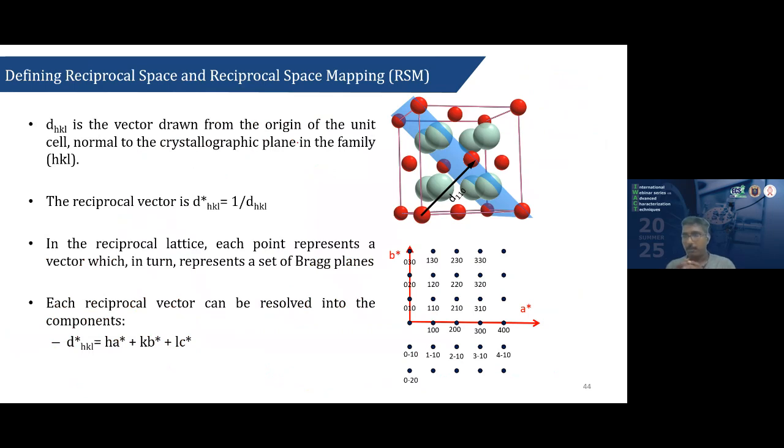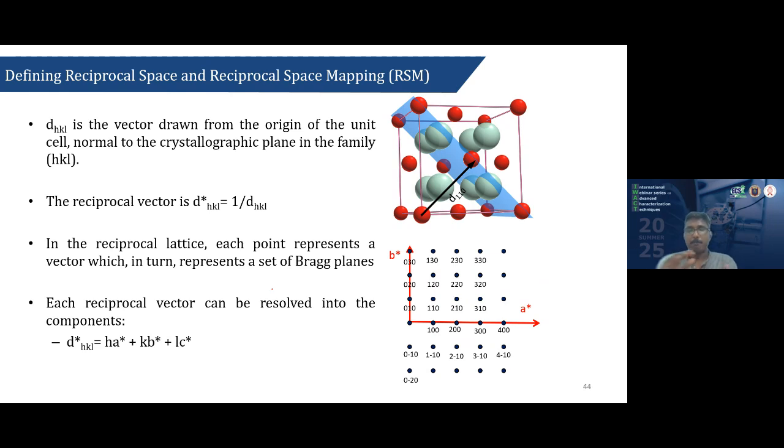Here, the reciprocal space mapping. I'm not going to discuss reciprocal space mapping in detail. We know what the reciprocal lattice vector is and how we determine the reciprocal lattice points or reciprocal lattice spaces. I'm concluding my presentation. In this case, usually we represent the reciprocal lattice points using sharp, intense, well-defined circles.